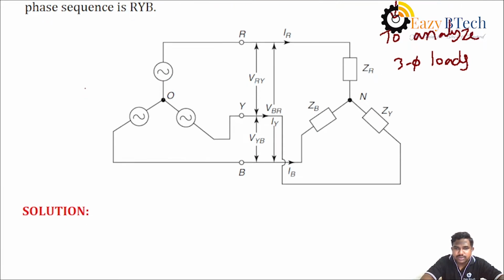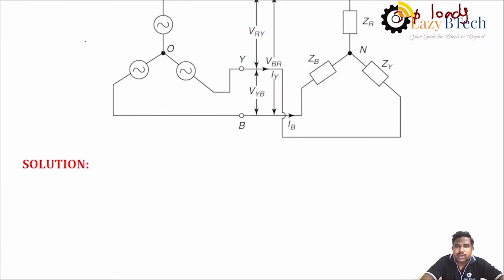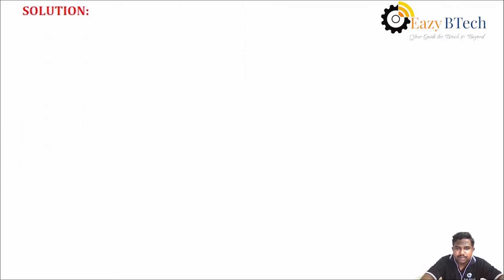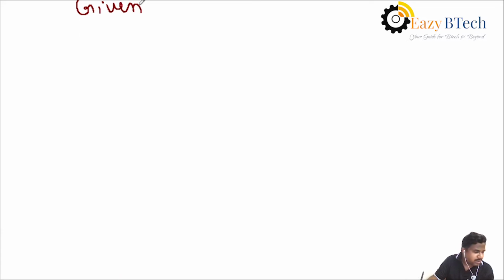This is the given circuit in the problem. The phase sequence is R, Y, B. First of all, based on the given data, we have to write down the values given in the problem.